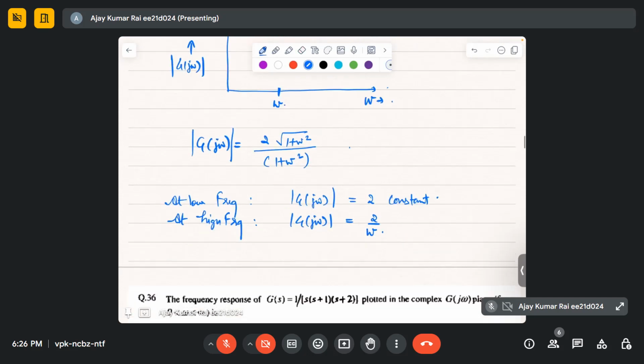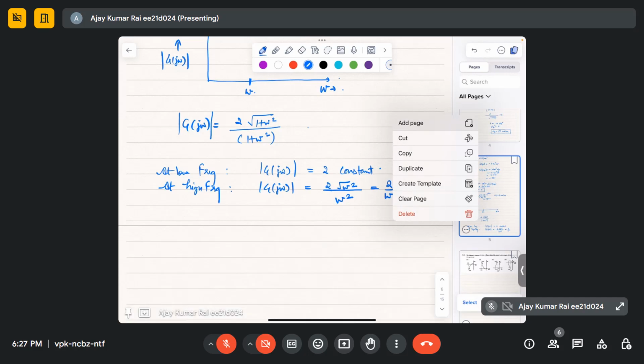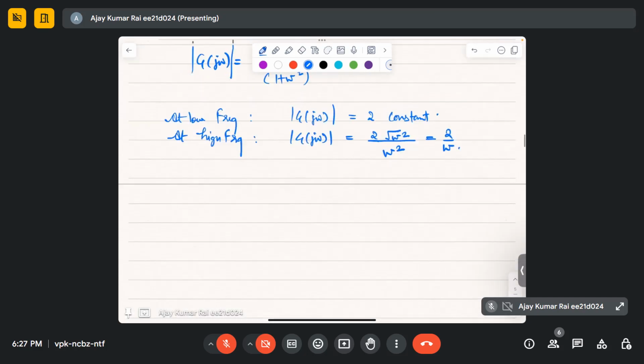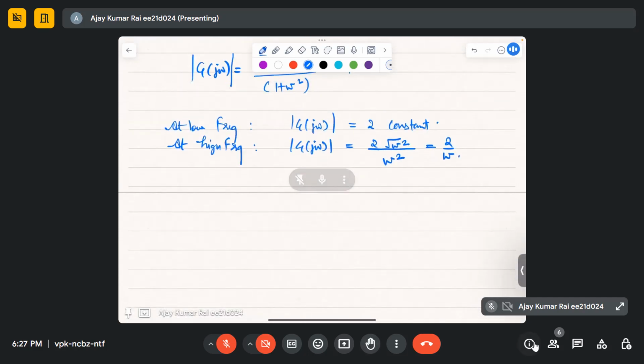If we neglect 1, I'm trying to find out the slope at higher frequency.